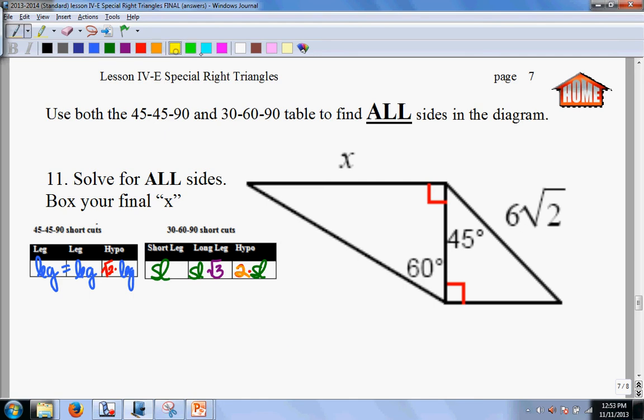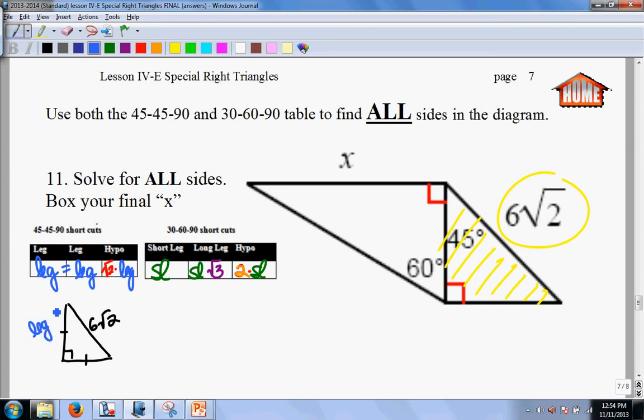Now in the triangle to the right, we're going to start with the 45, 45, 90. Why are we starting with that? Because that's the only triangle in which we have something. So I'm going to pull that triangle over here where you can see it. We have 6 square root of 2 given. These two sides are equal. Our goal is to find the leg.